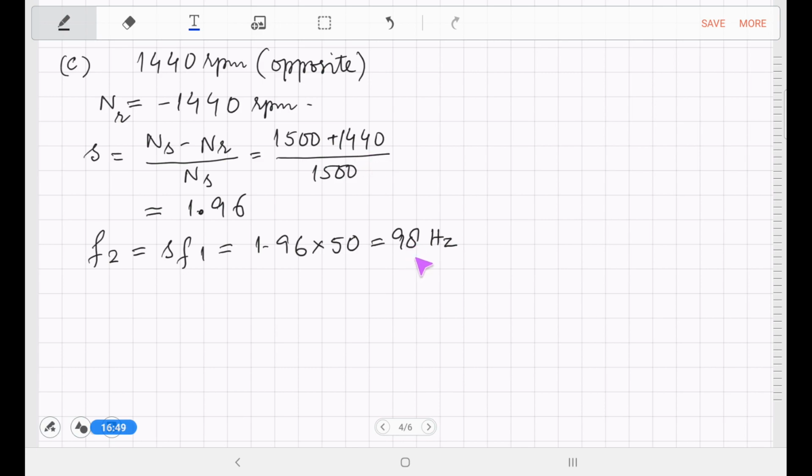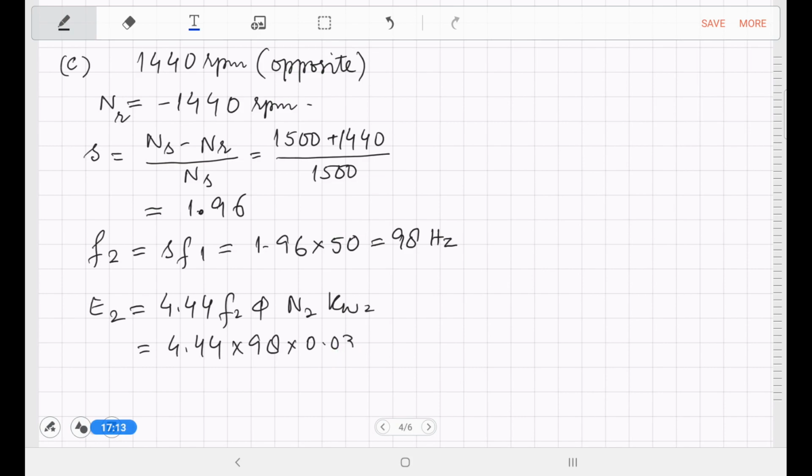The EMF induced in the rotor will be given by 4.44 F2 phi N2 kW2, which will be equal to 4.44 into 98 into 0.03 into N2, which is 80, into 0.96, which is equal to 1003.17 volts.